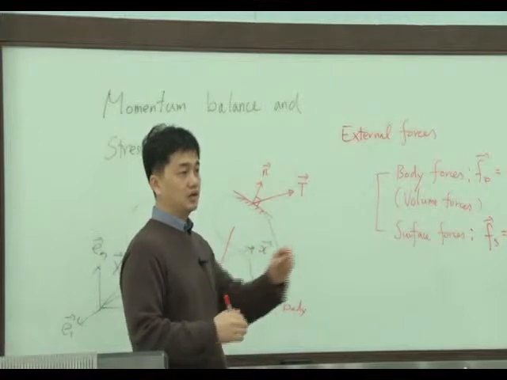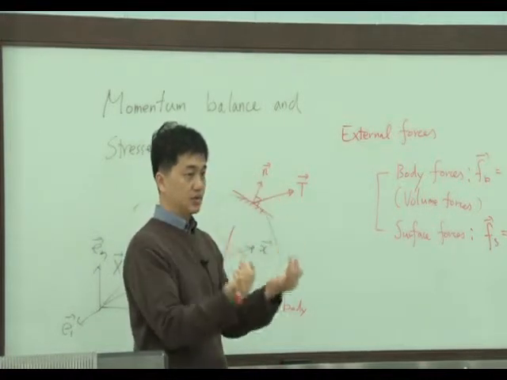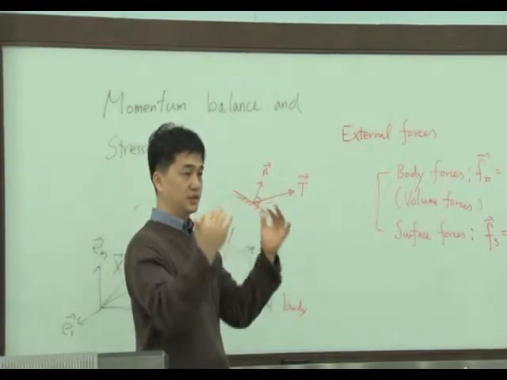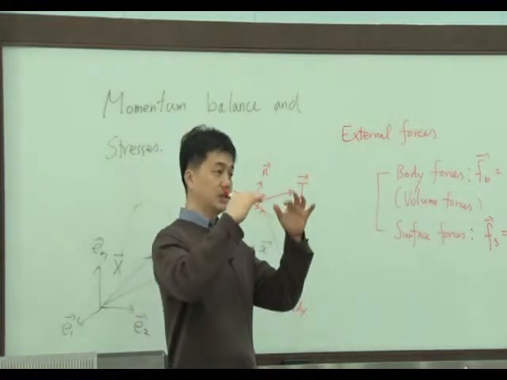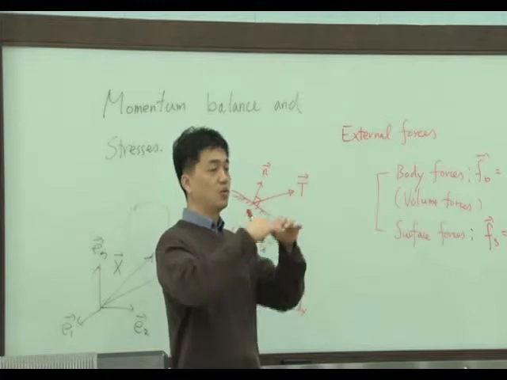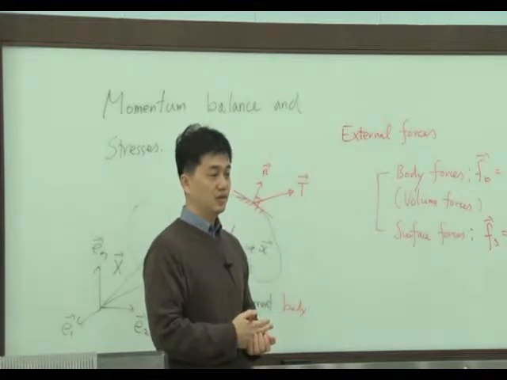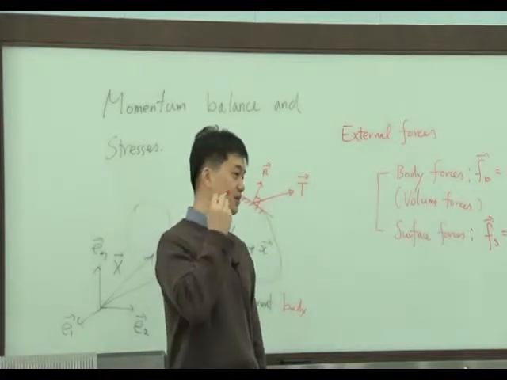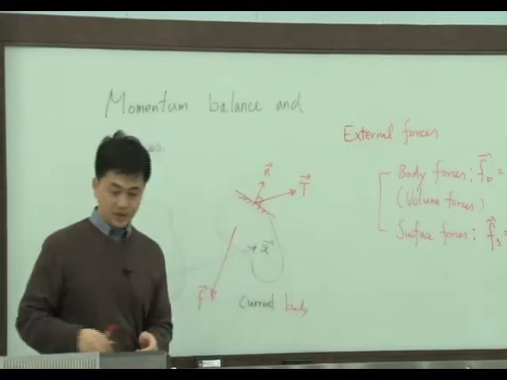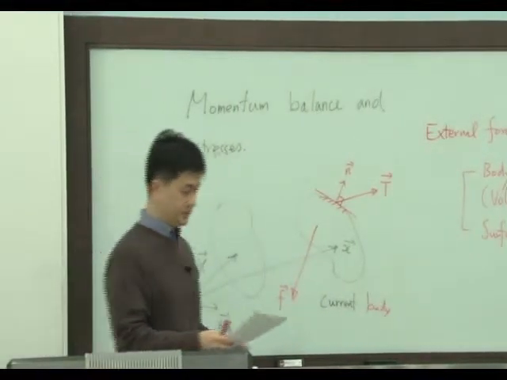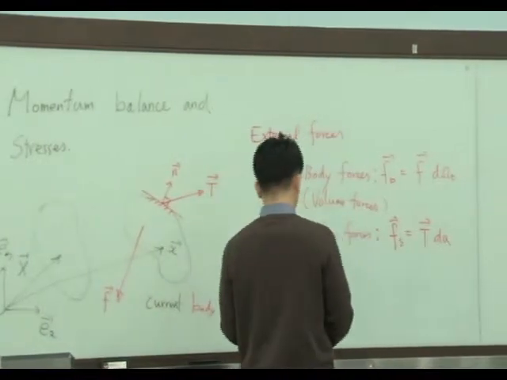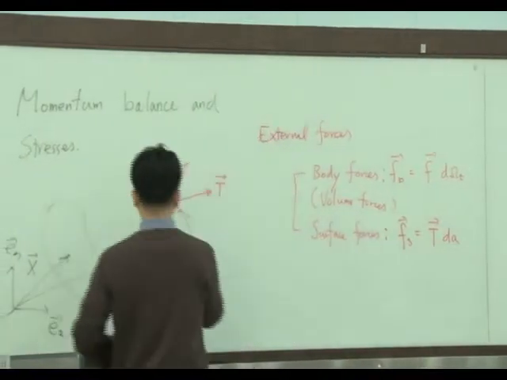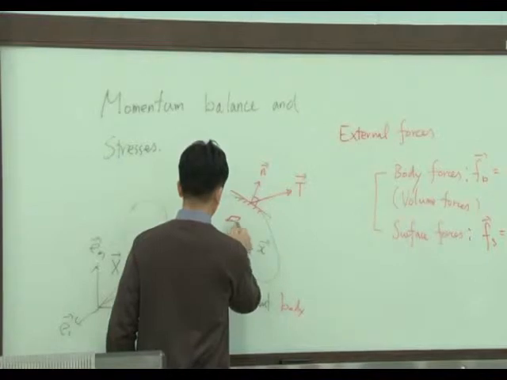One is applied on the outer surface, the surface. And the other force, body force, is applied inside of the body, the whole body. So the volume force is applied in the whole body.